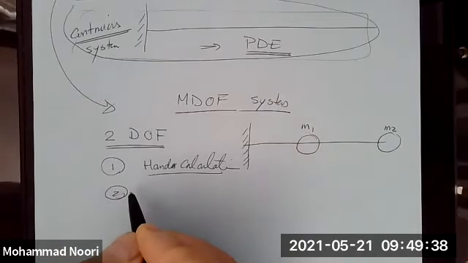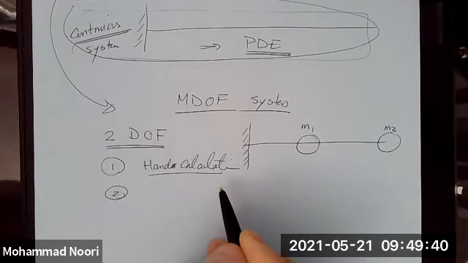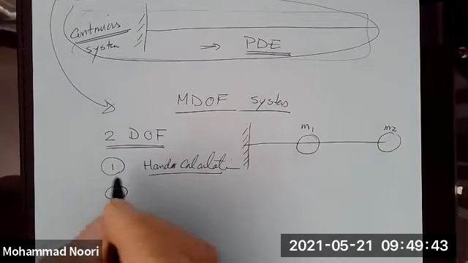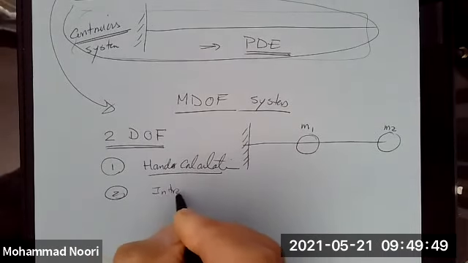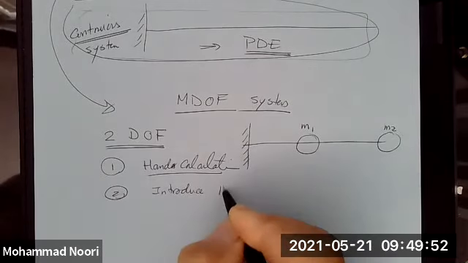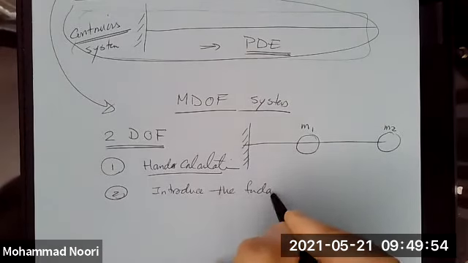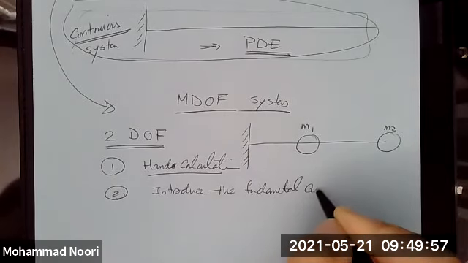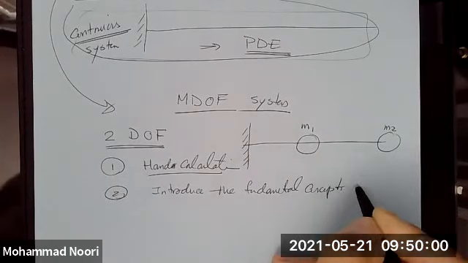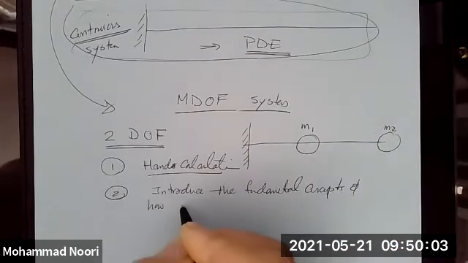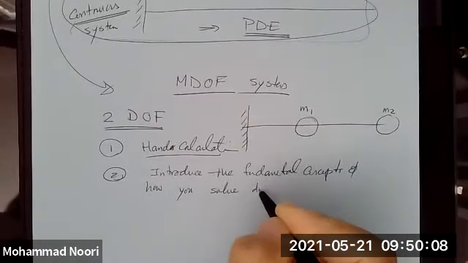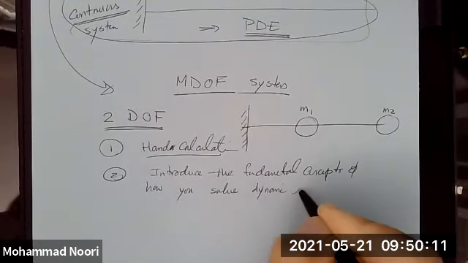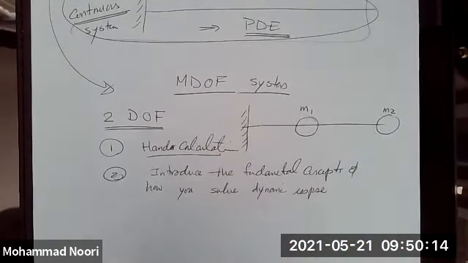Also, by doing that 2 degree of freedom formulation, once you set that formulation in terms of a matrix, that will introduce the fundamental concepts and how you would solve the dynamic response. So for that reason, we will start with a 2 degree of freedom system.